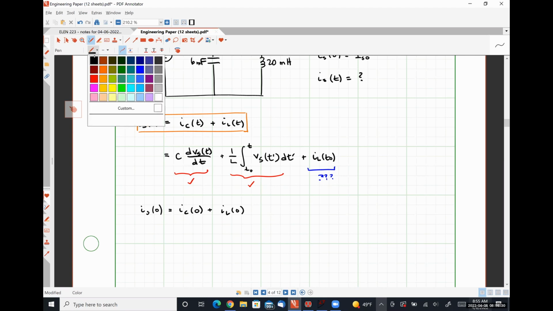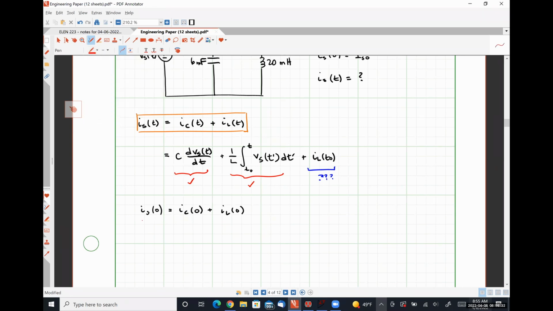Well, IS at 0 was given to us. How do we figure out what IC at 0 is?